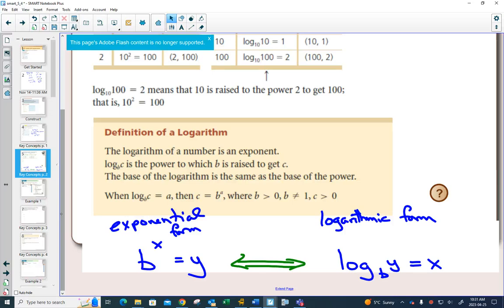And what it allows you to do is, anytime you want to solve for something, all you need to do is switch it to the log form, and it might help. And we notice in the log form that what's by itself is the x, which is the exponent in the exponential form.